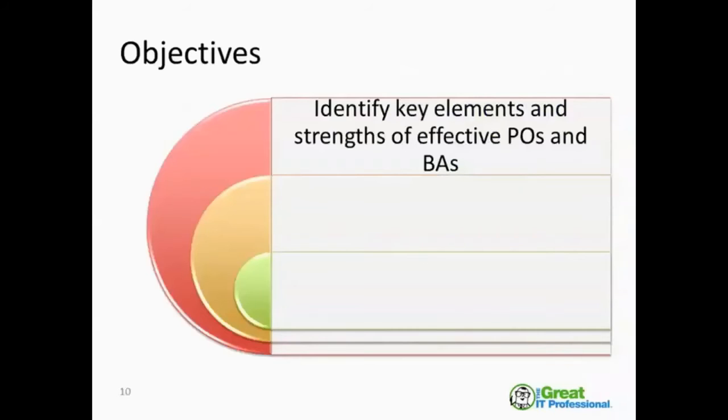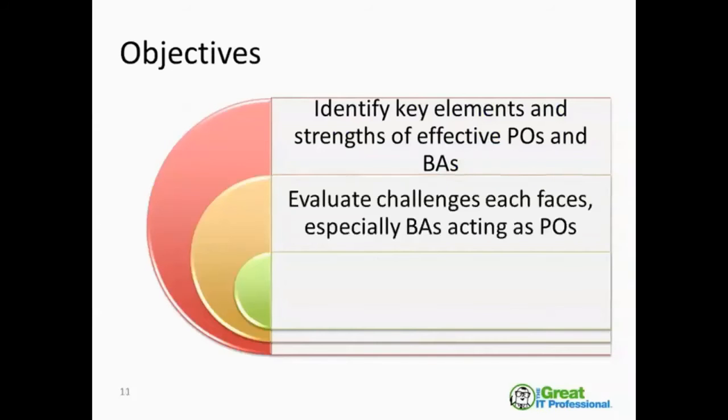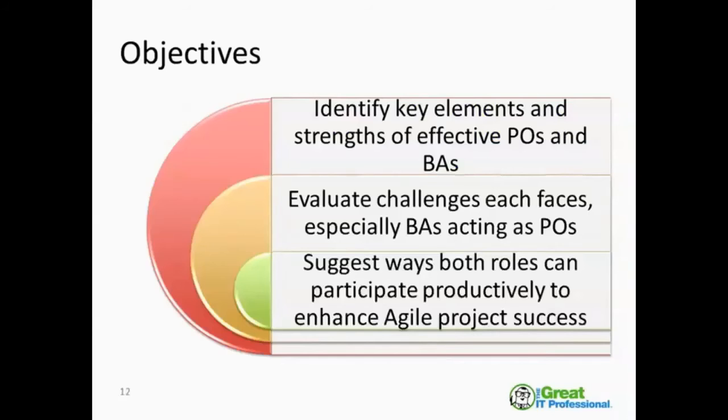So we want to identify some key elements and strengths of both effective product owners and business analysts, look at the challenges that each faces, especially when they try to cover each other's bases, and suggest some ways that they can work together and participate productively to enhance Agile project success.